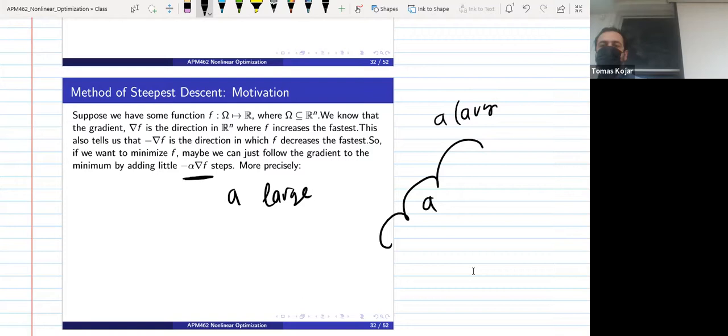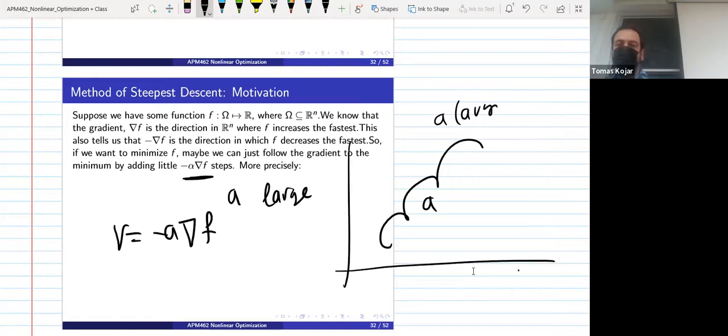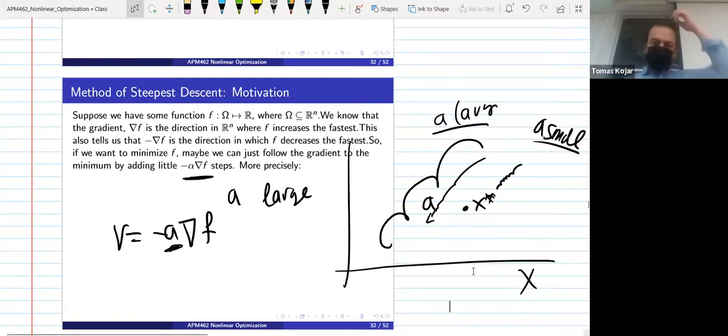You pick your v, and you pick what direction to move in the domain X. If alpha is too big, you move too far and you might skip the minimizer. But if you move too little, you might never get there. So we'll do simulations of this.